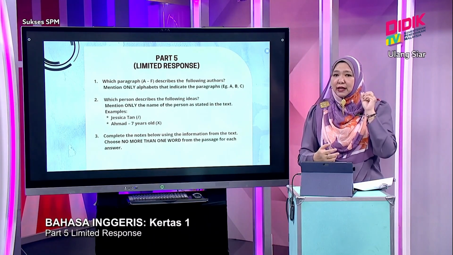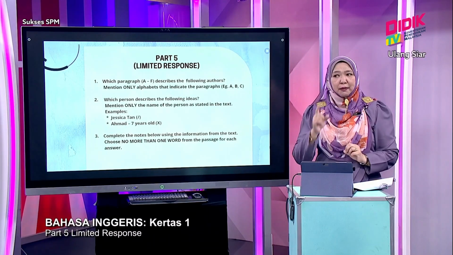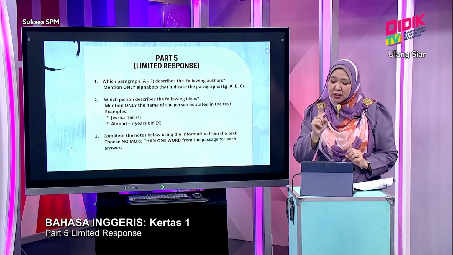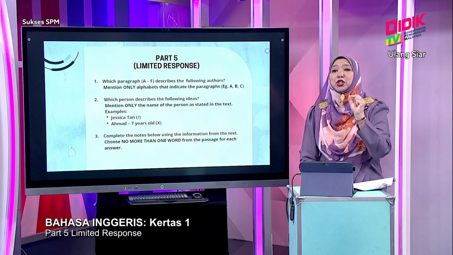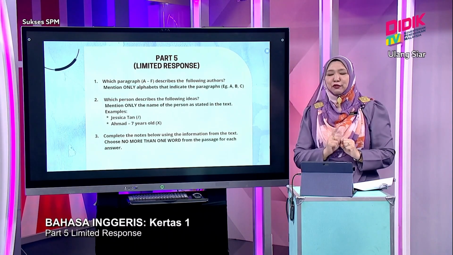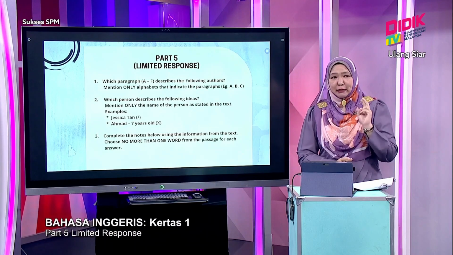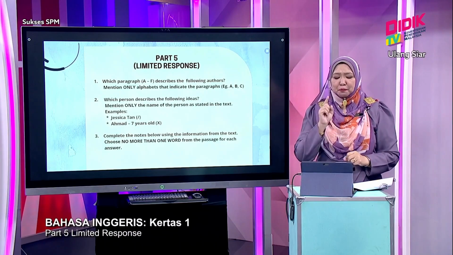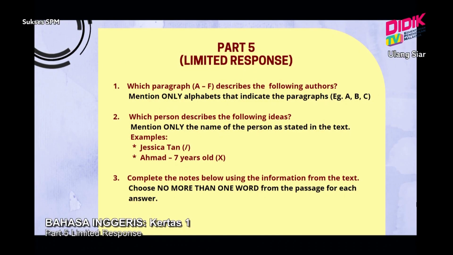Even though there are names of the persons, don't ever mention the name, because the instruction is which paragraph. You have to follow the instruction. Number 2: if the instruction is which person describes the following ideas, then you mention only the name of the person as stated in the text.